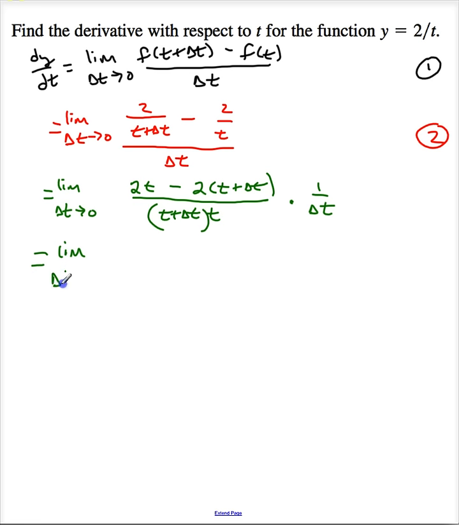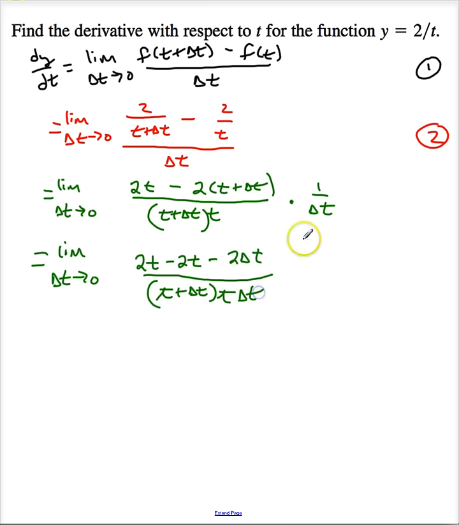Now, I'm going to continue simplifying here because it needs a little bit more. This is a limit as delta t approaches 0. Let me distribute this. This is 2t minus 2t minus 2 delta t, divided by t plus delta t times t, and times delta t. See, there's another delta t right there.